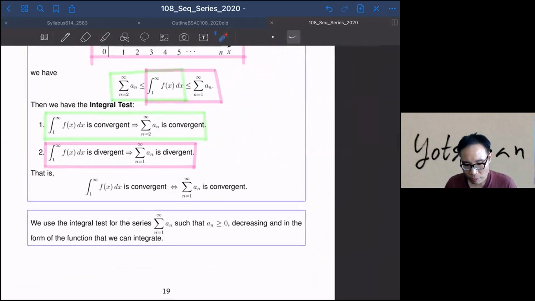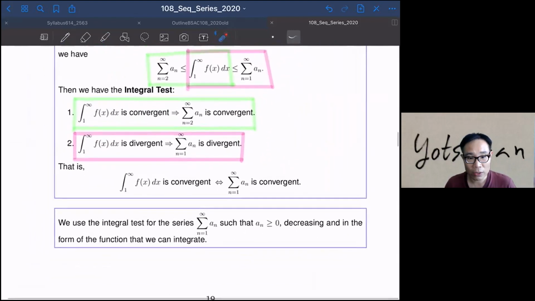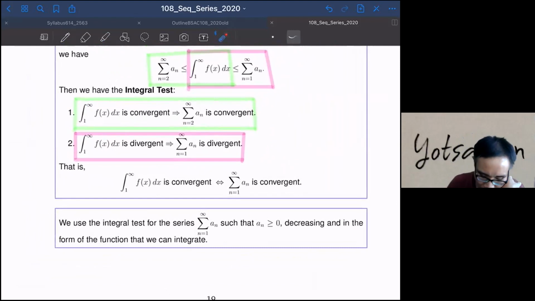What is required before we can use the integral test is that you must check that an is always positive. So you must have positive terms, and it must be decreasing. Okay, so it's going to be a decreasing sequence, in the form of a function that we can integrate.